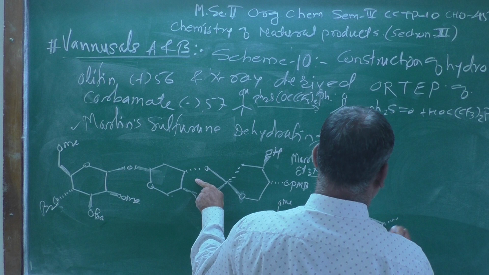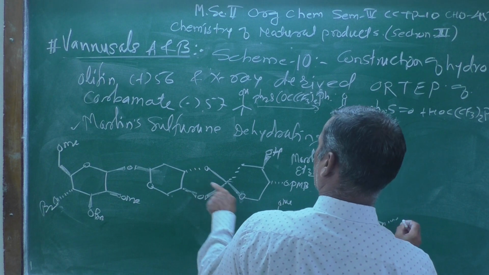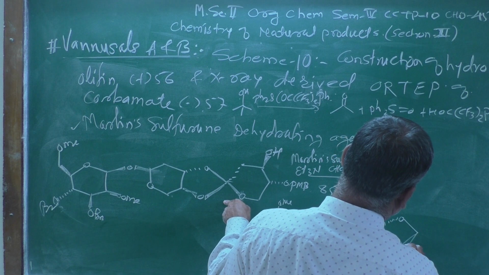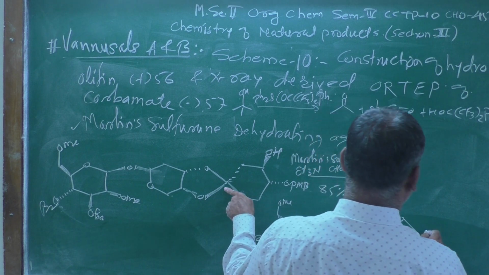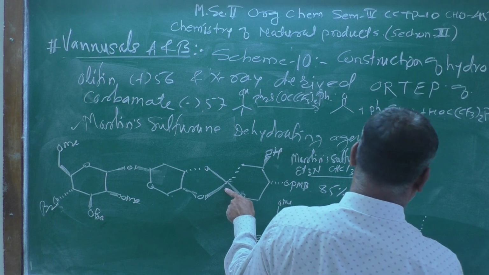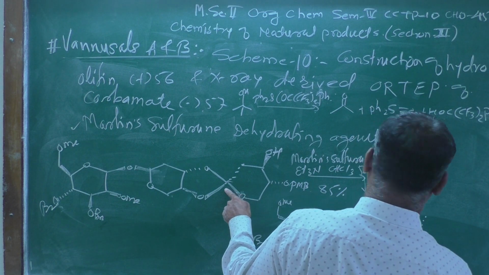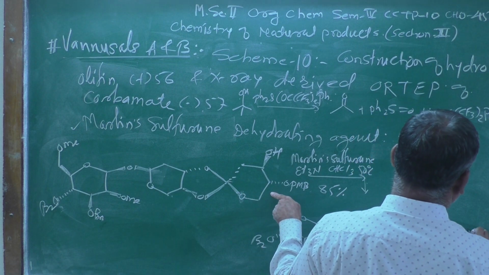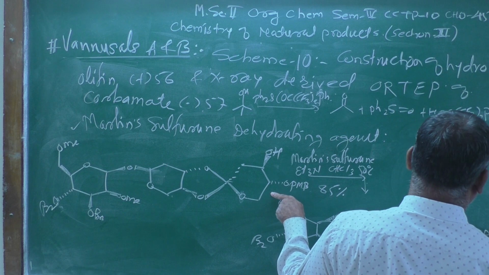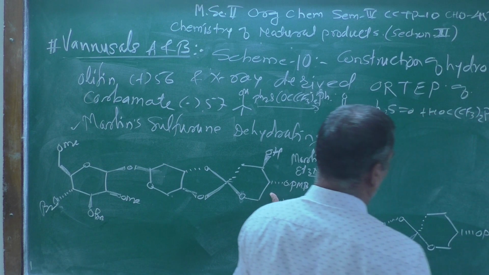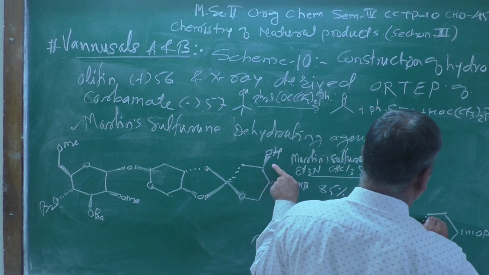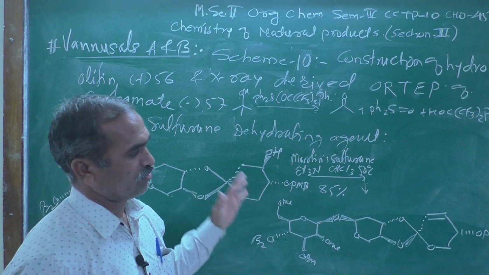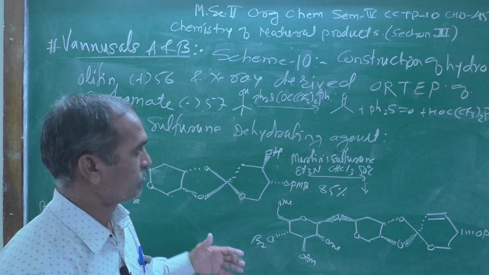After that there is this type of oxygen atom, then a group with a thick line, and then this one. Now this is an oxygen atom in a 6-membered ring, which we can represent over here. Now OPMB, and the double bond is going to come over here. That's the product.